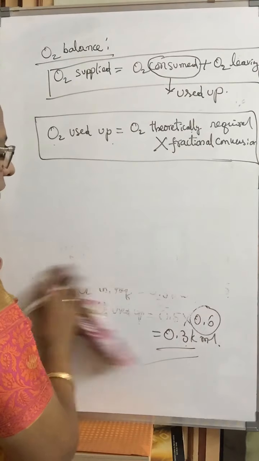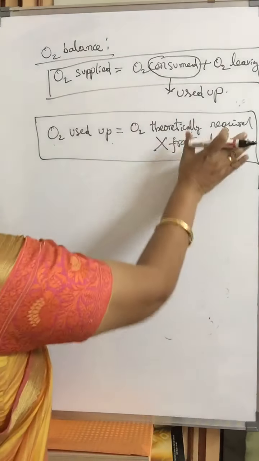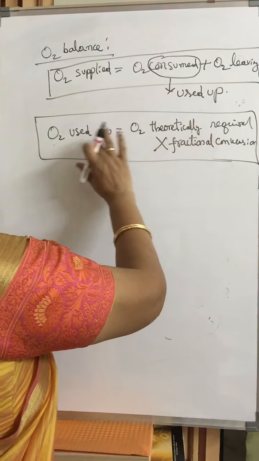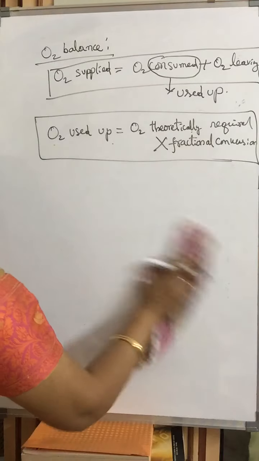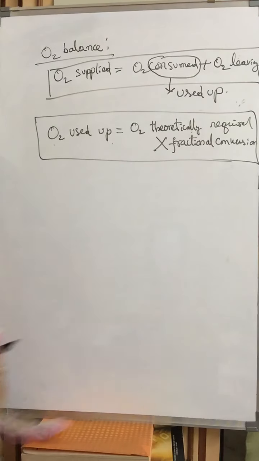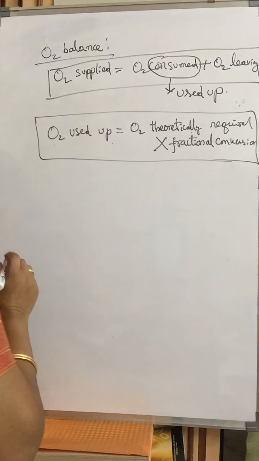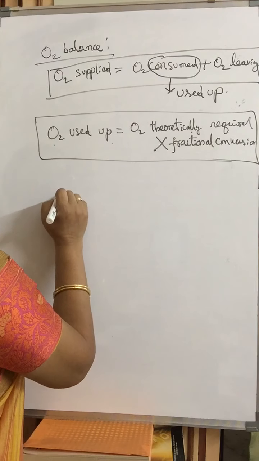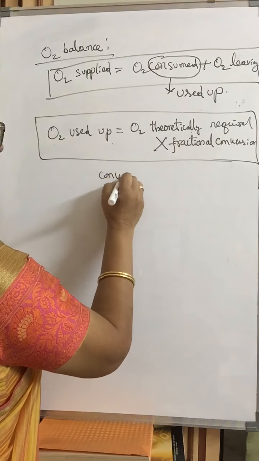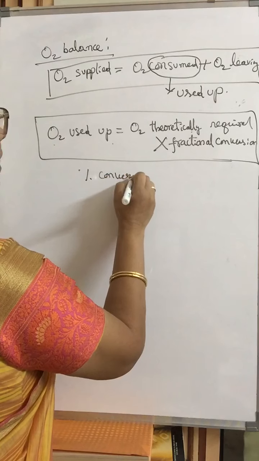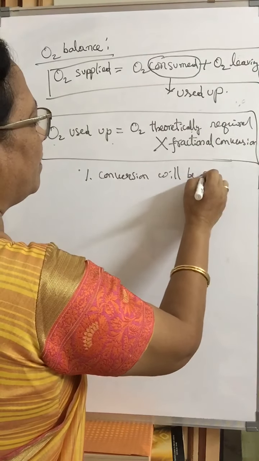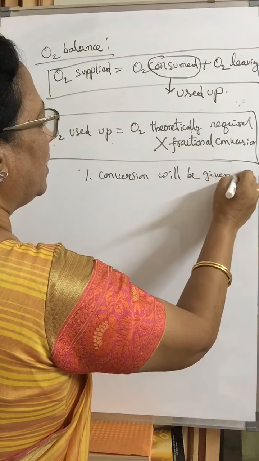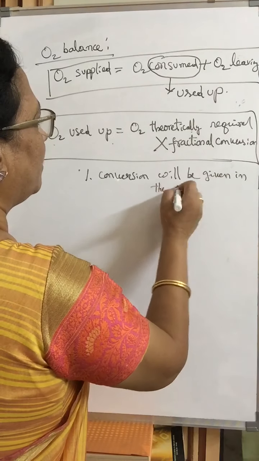If conversion is 100%, this term won't be there, and oxygen used up is completely the theoretically required amount.